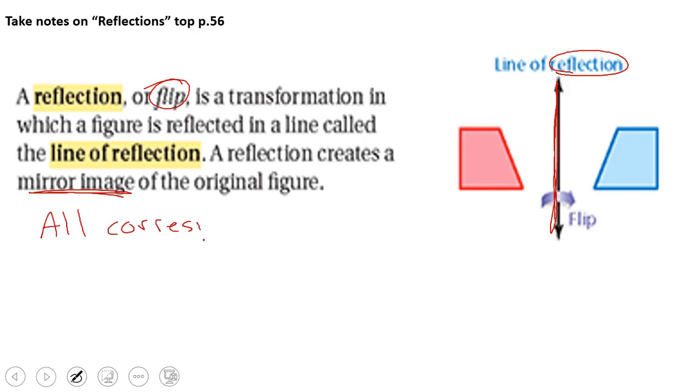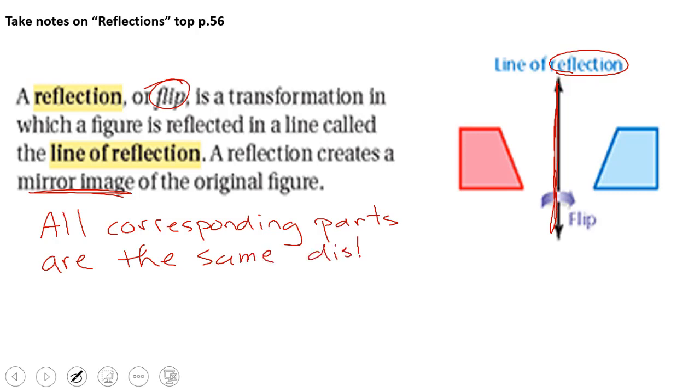And what I want you to write is: all corresponding parts are the same distance from the line of reflection.